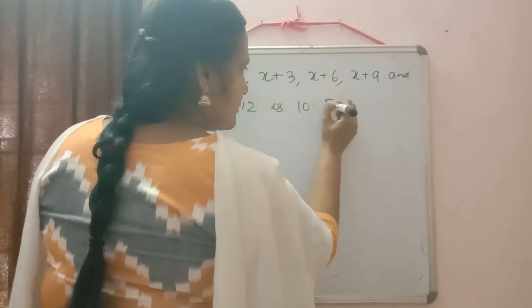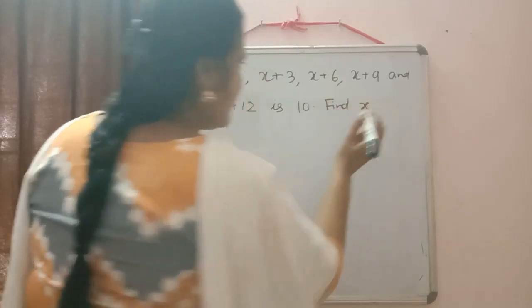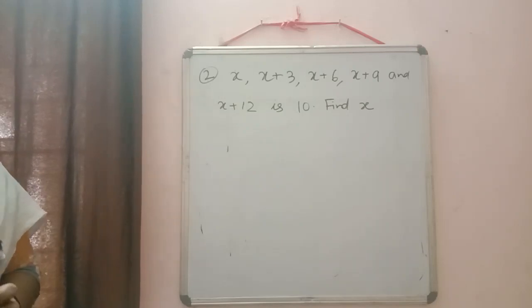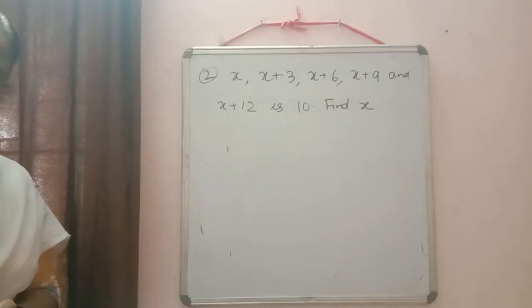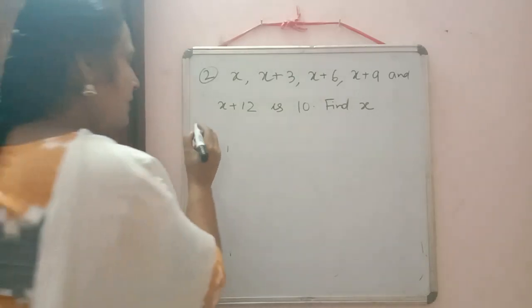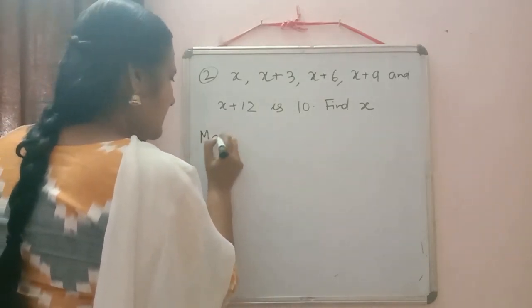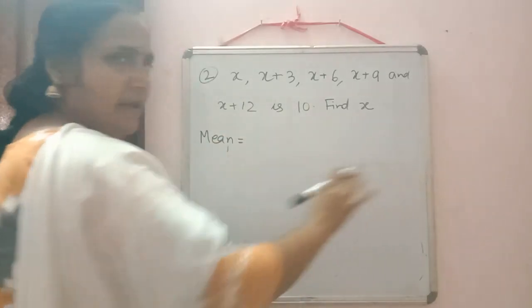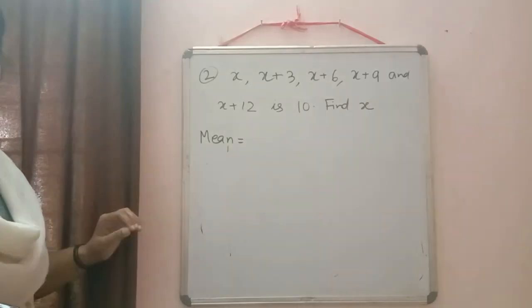Find x. It is given that the mean of these observations is 10. Only some observations are there and they are not repeated, so directly we can use that formula: mean is equal to sum of all the observations divided by total number of observations.